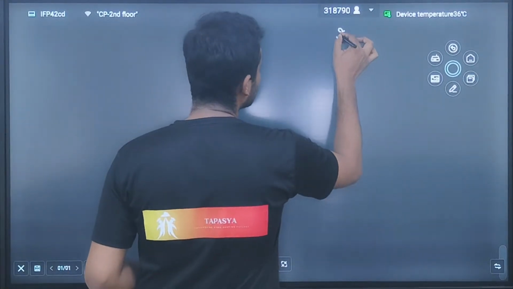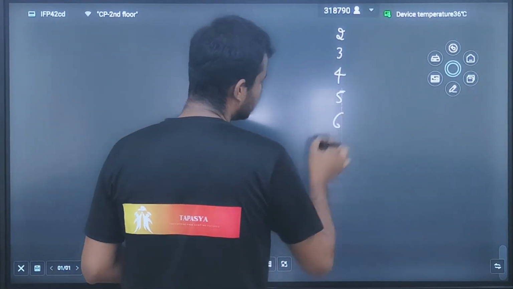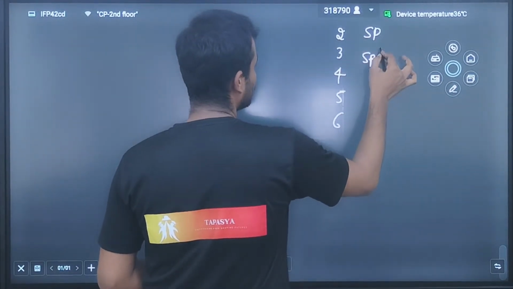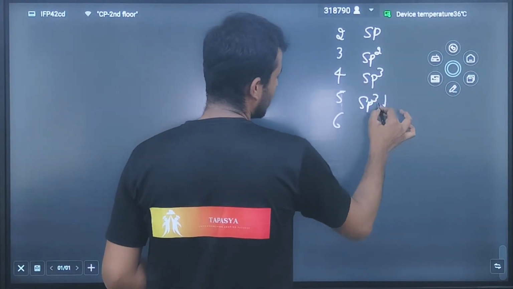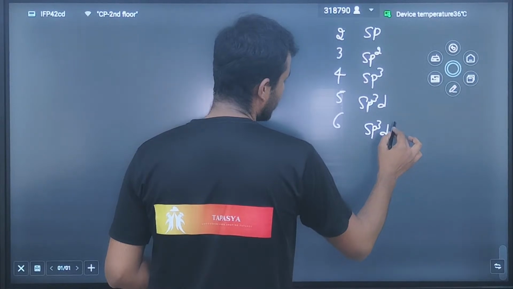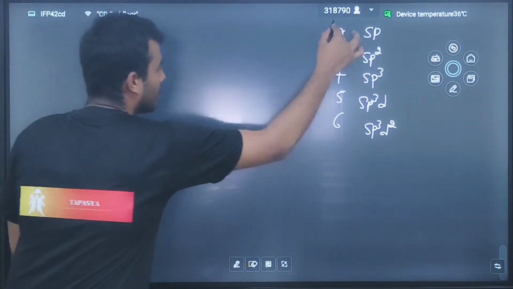If it contains coordination number 2, 3, 4, 5, 6. Six is enough. Two means sp, three sp2, four sp3, my dear students, then sp3d, sp3d2.